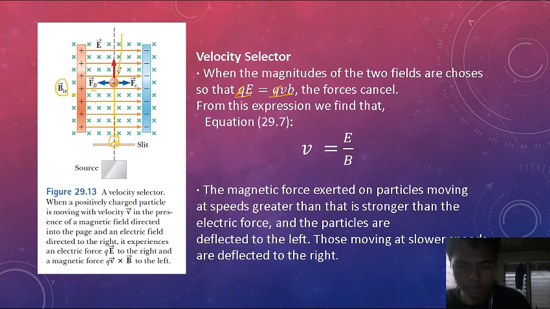If Q is positive, if the charge is positive and the velocity is upward, the magnetic force is to the left. So this is the magnetic force to the left. And the electric force is to the right.